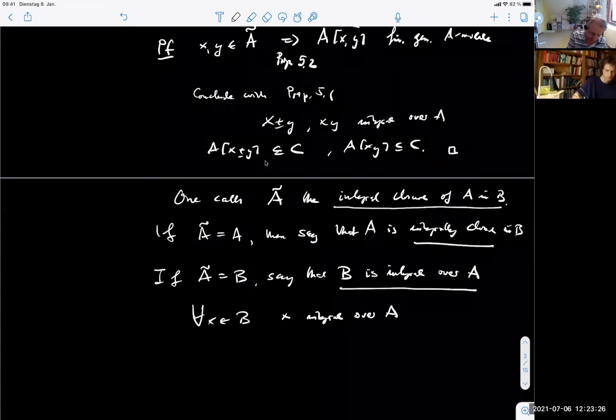There's an example: we showed that the integers are integrally closed in the rationals. Or more generally, this relied on the property that the integers are factorial. Whenever you have a factorial integral domain, it's integrally closed in its field of fractions. Questions on that?